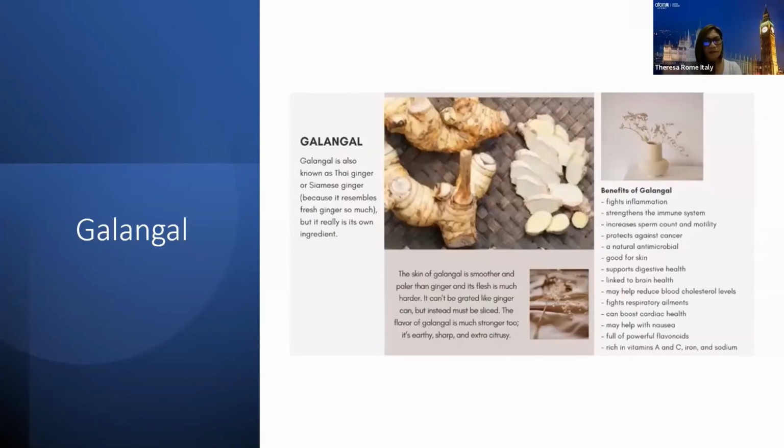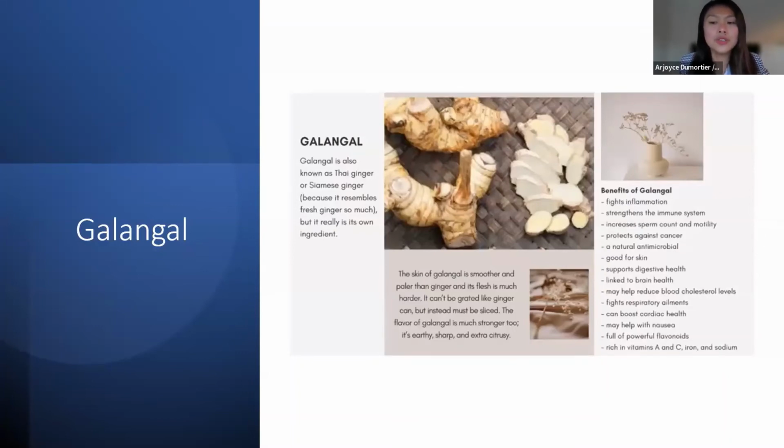Then what are the benefits of galangal? It fights inflammation, it strengthens the immune system, it increases sperm count and motility. I hadn't read that a while ago, so now I know. And it protects against cancer. It's a natural antimicrobial, good for skin, supports digestive health, and is linked to brain health. It may help reduce blood cholesterol levels.